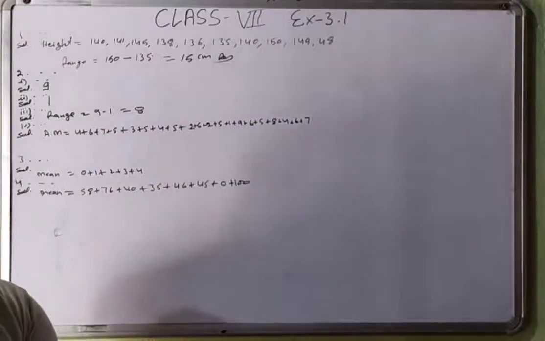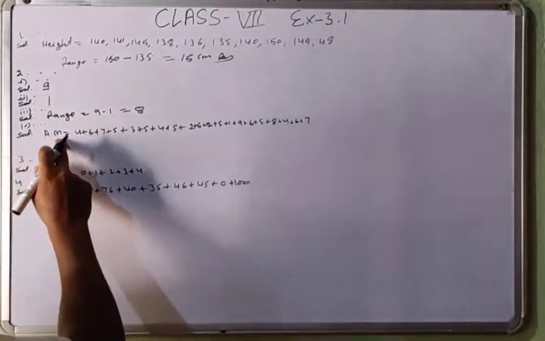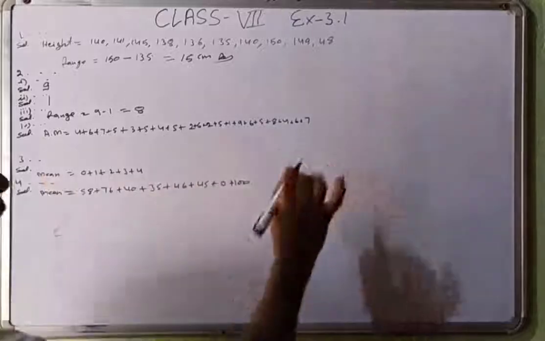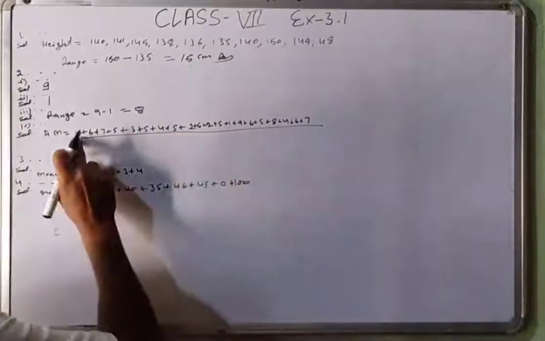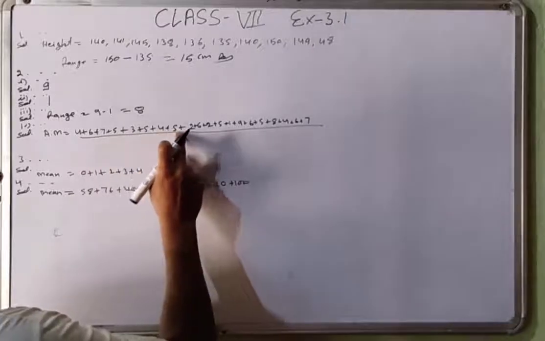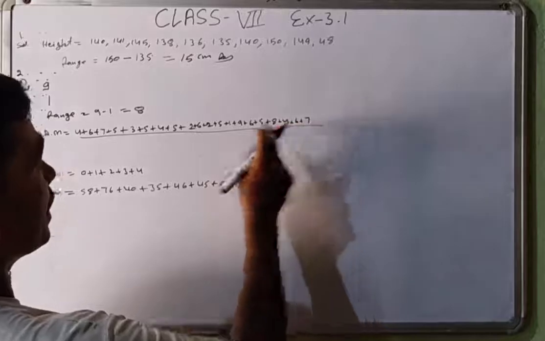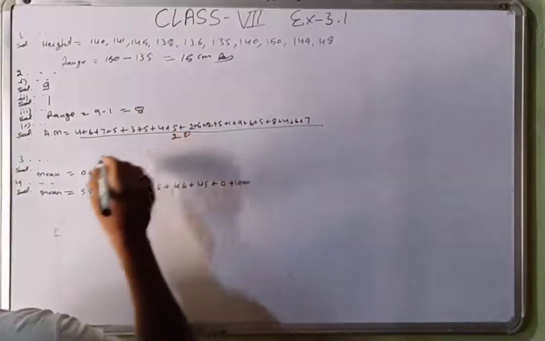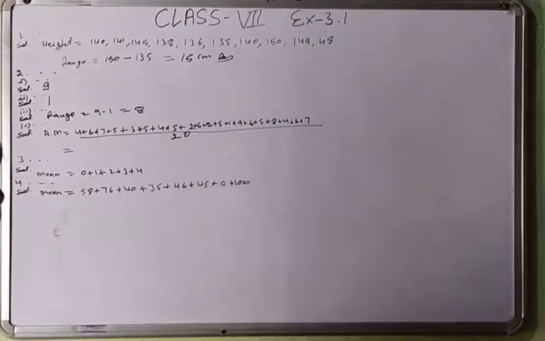Fourth, find the arithmetic mean. Arithmetic mean is the sum of all data upon the number of data. Counting 1, 2, 3, 4, 5, 6, 7, 8, 9, 10, 11, 12, 13, 14, 15, 16, 17, 18, 19, 20, that will be 20. And then you will add all of them.